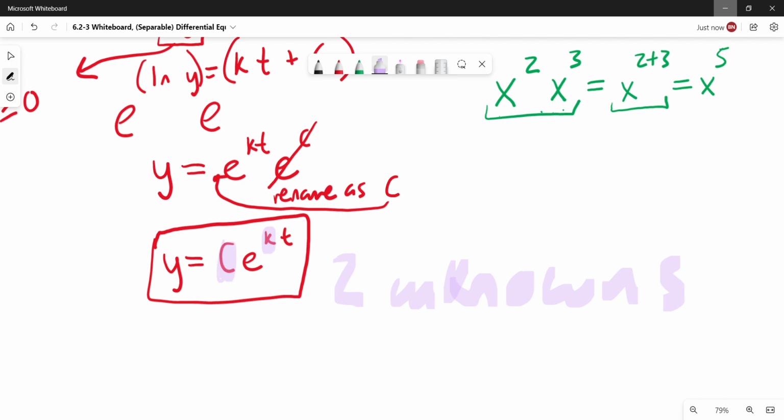But oftentimes they will implicitly give you the value of Y when T equals 0.